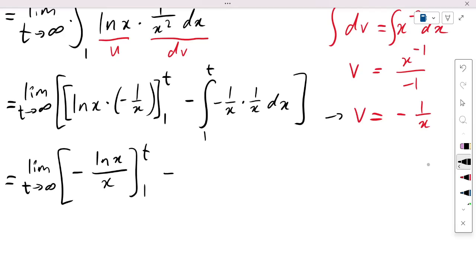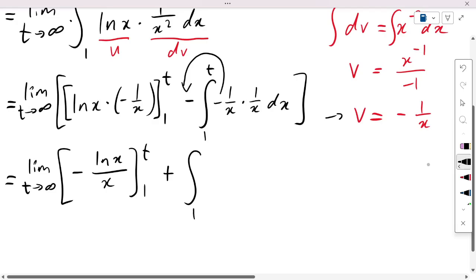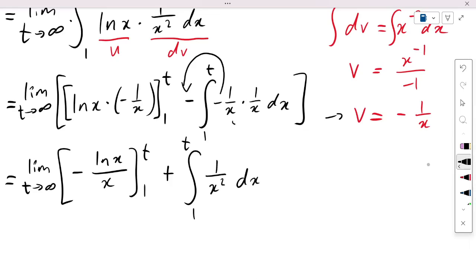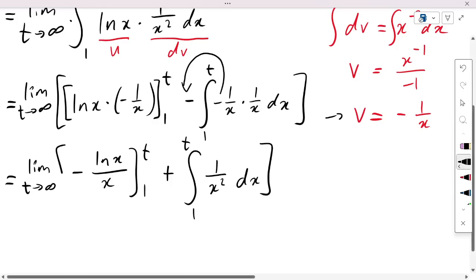Then we take out the negative, and a negative and a negative gives us positive. So this is going to be plus the integral from 1 to t of 1 over x squared with respect to x, because we're just multiplying these x's together in the fraction. There we go. That looks better.